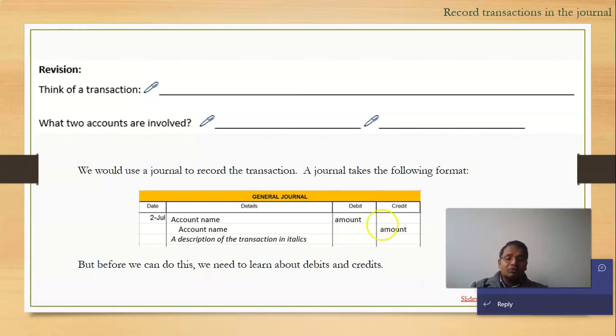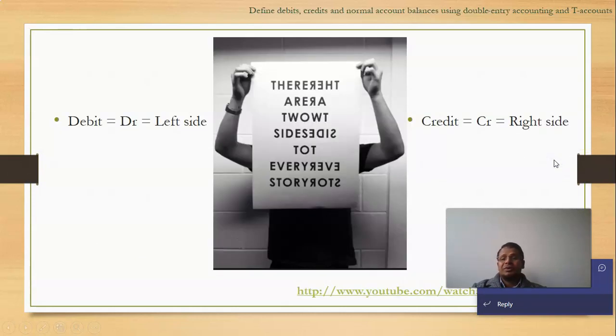Whatever it is, we should put a small note under each transaction. This is the process of how we should record.